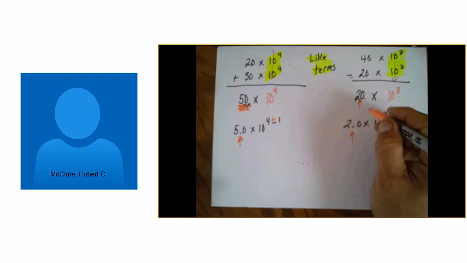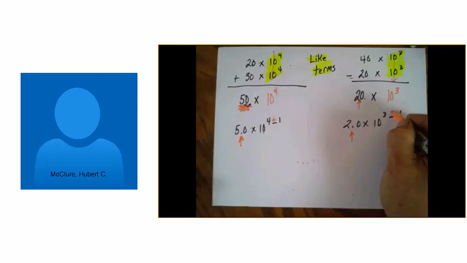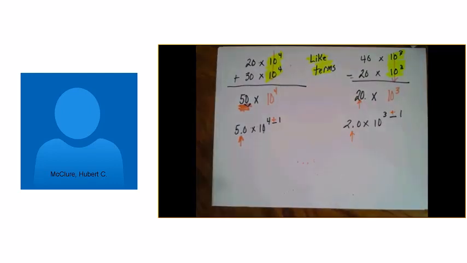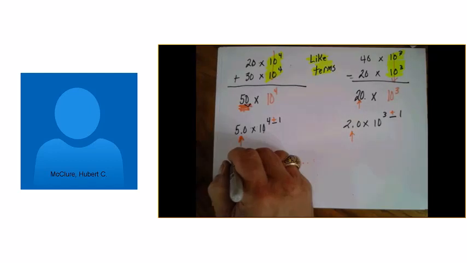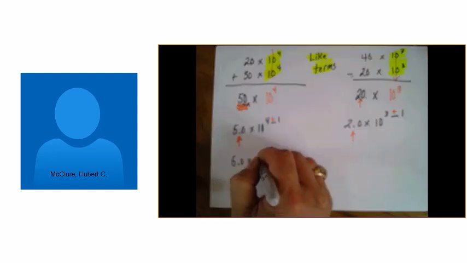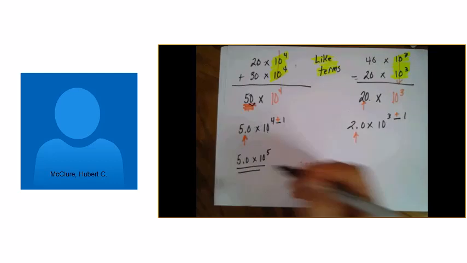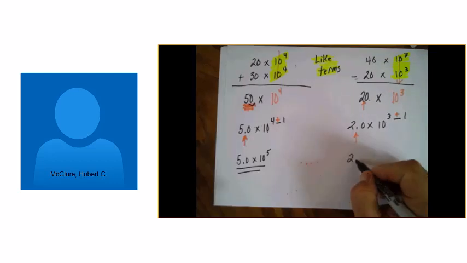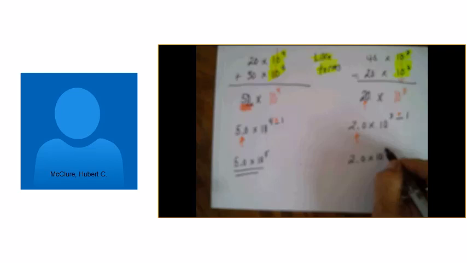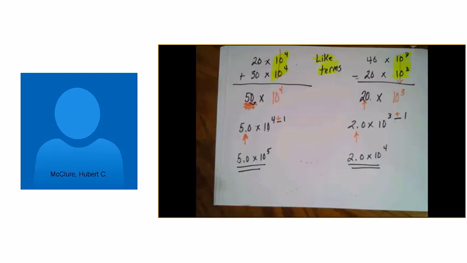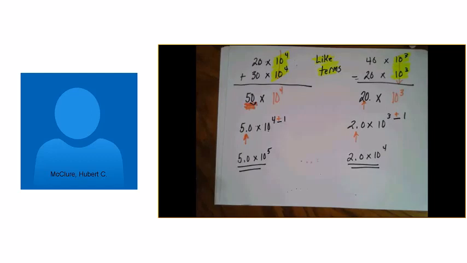That's a positive. Same thing here, to the right. And now your final answers to these two are 5.0 times 10 to the 5th and 2.0 times 10 to the 4th. And that's your final answer.